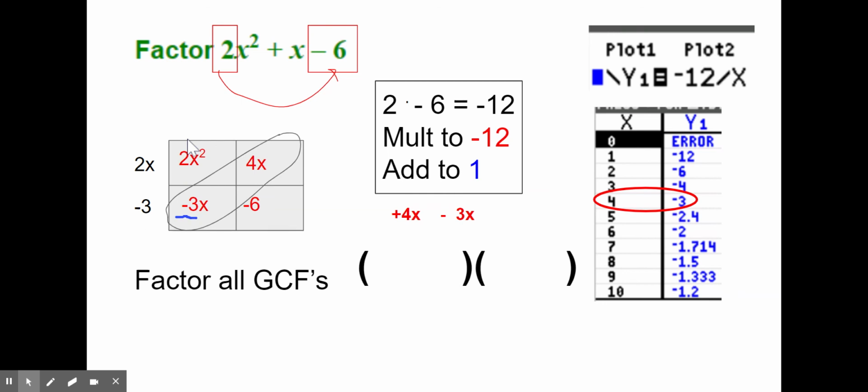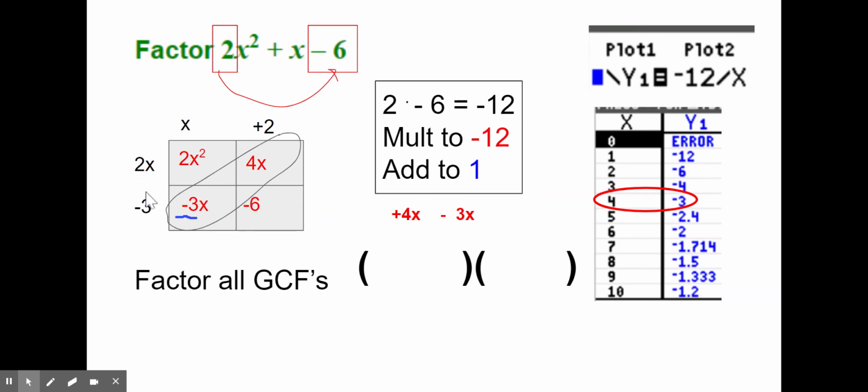Along the top, I have 2x squared and 3x. I don't have a negative lead coefficient here, so my GCF is x. And I don't have a negative lead coefficient here, so my GCF is positive 2. So there it is.